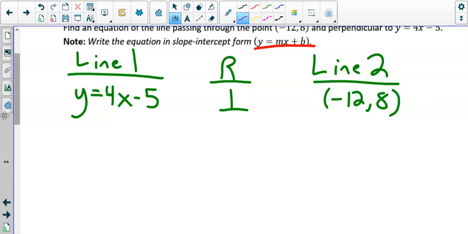That's why we know about the relationship. That's why the relationship is important to us. The only thing you need from line 1 is the slope. That's the first thing you need to figure out. So what is the slope of line 1?